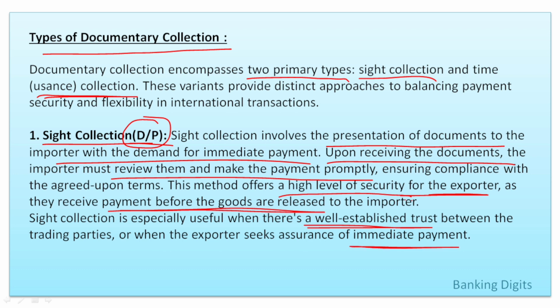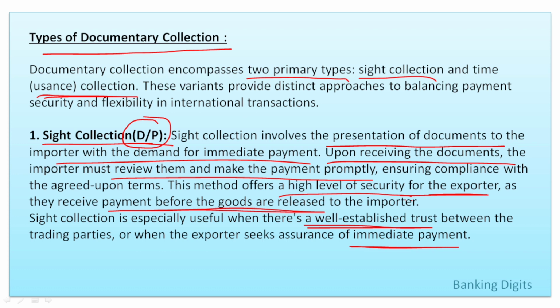So why trust is required here? Because when exporter receives the payment, by that time importer does not know what will be the condition of the goods. Importer can release the goods from shipping companies only when they have made the payment and collected the documents from bank's counter.